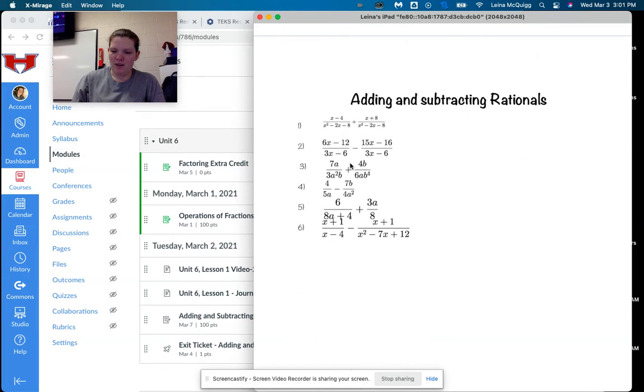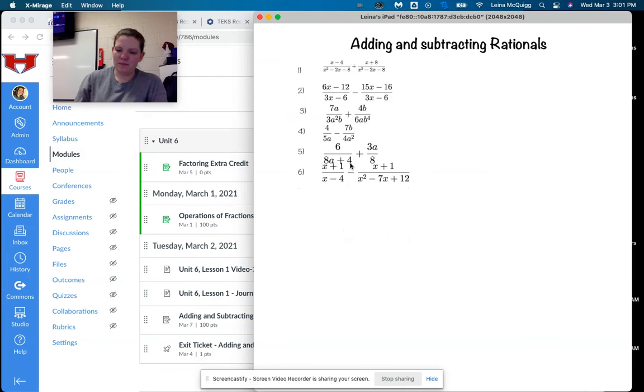All right, moving on to the more difficult problems here. So number 1, we have x minus 4 over x squared minus 2x minus 8 plus x plus 8 over x squared minus 2x minus 8. So these have common denominators.